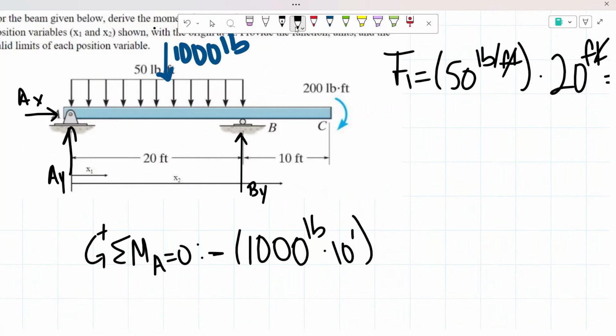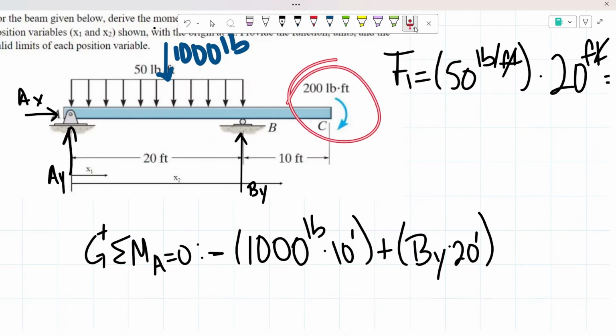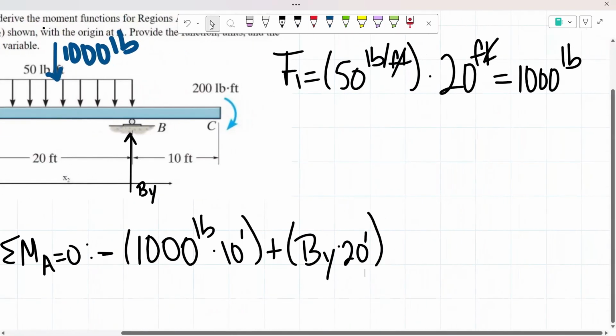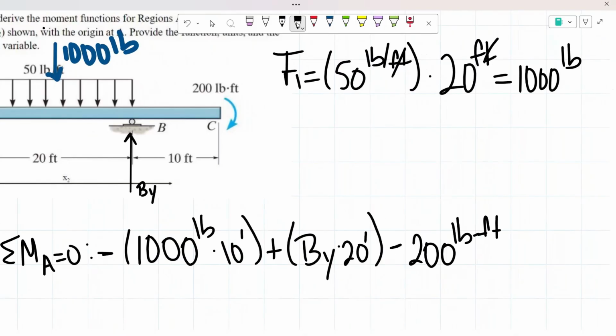From there, we have our reaction B sub y that I assume will be going upwards, so it will be creating a counterclockwise moment, meaning a positive moment. We don't know the force, but we do know the distance of 20 feet. And then we have this moment that is going clockwise, so a negative moment of 2,000 pound-feet. We know that all of this has to equal 0.